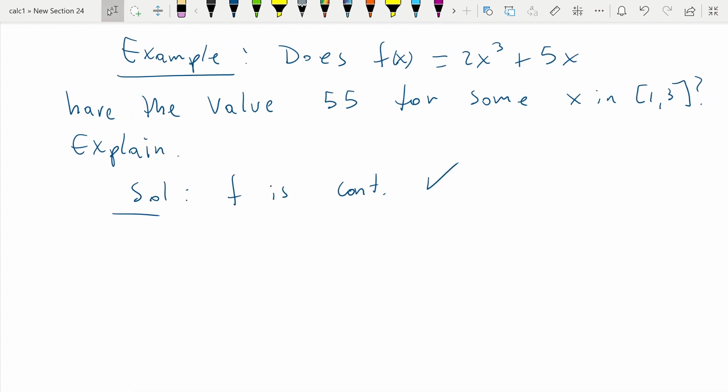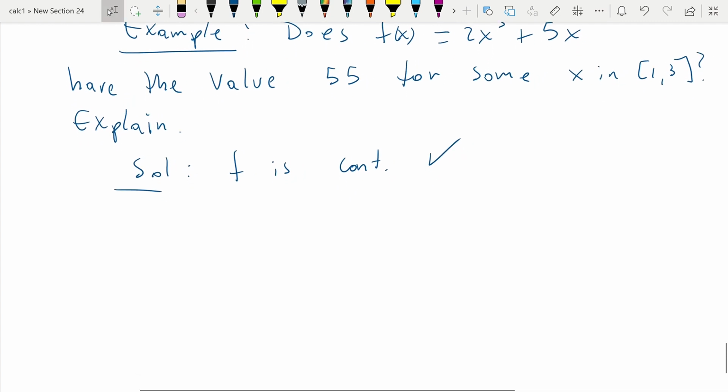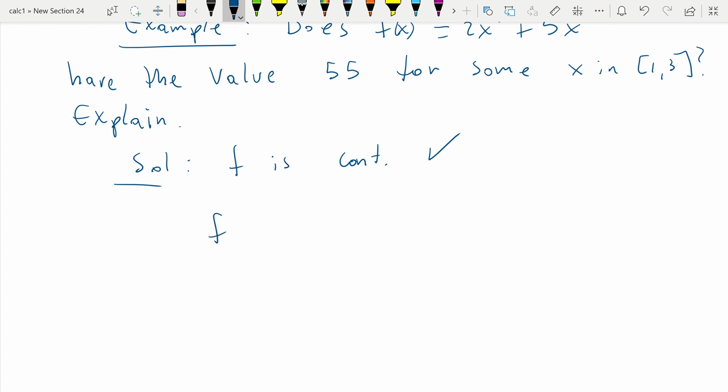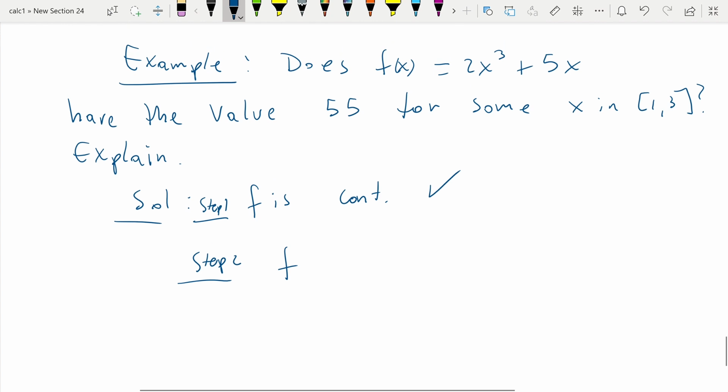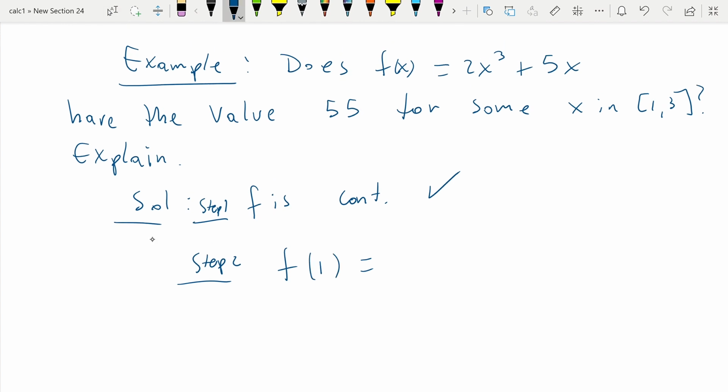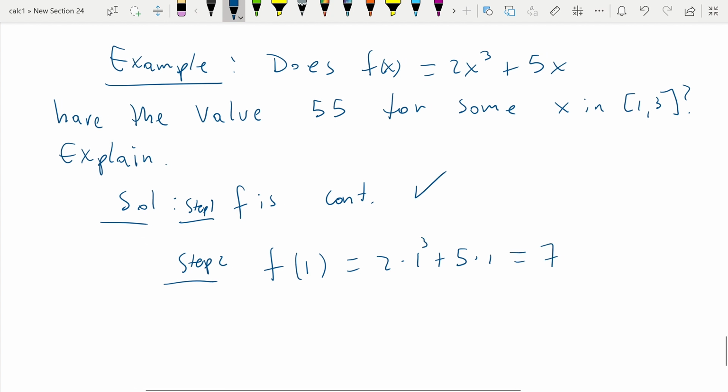Now the second step. f of 1 is equal to 2 times 1 cubed plus 5 times 1, which is 7.